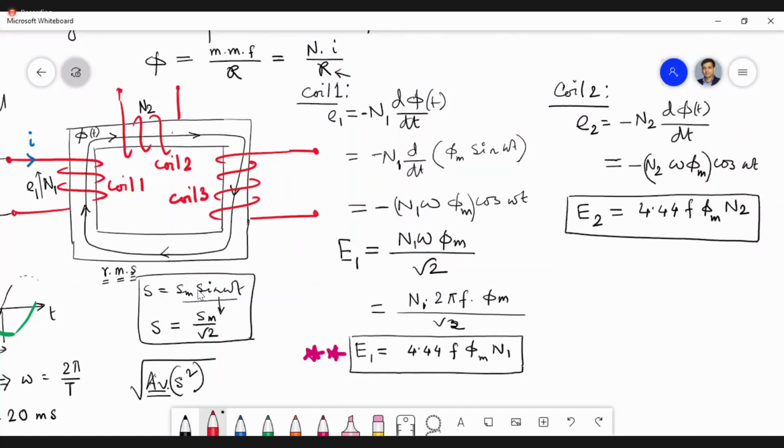I will get some voltage induced in that coil also, related to the number of turns in coil 3.